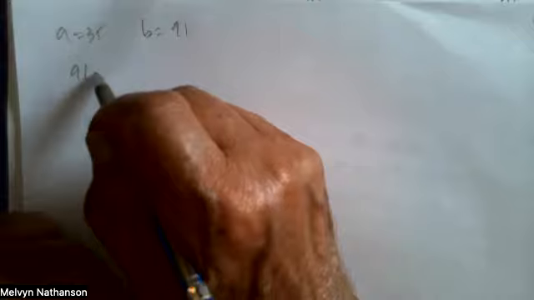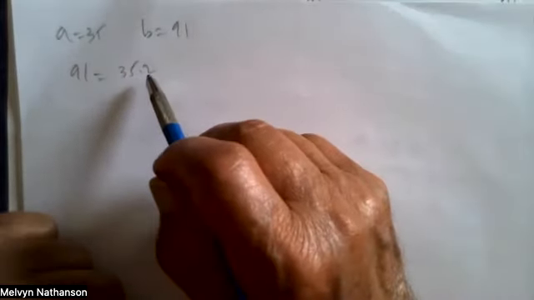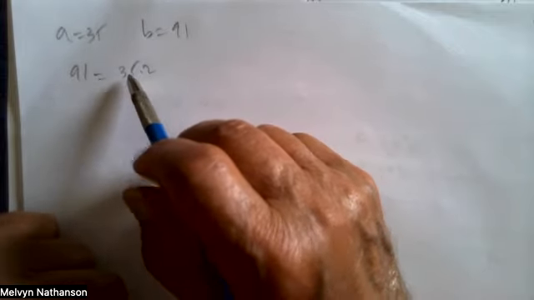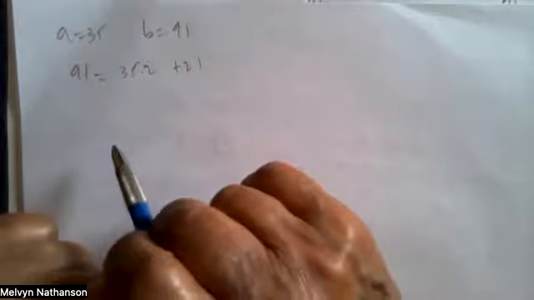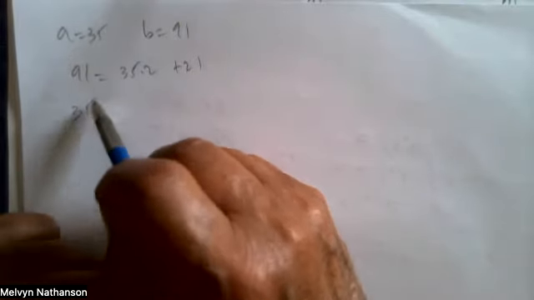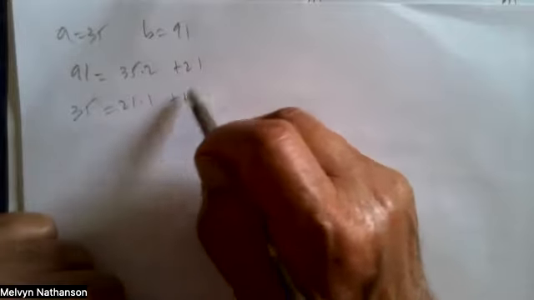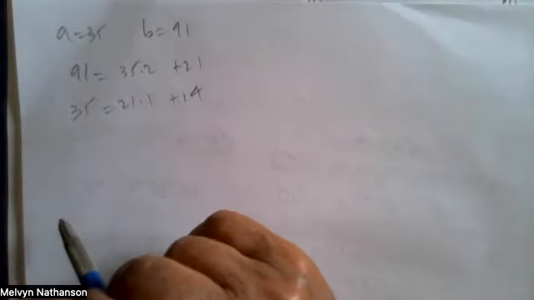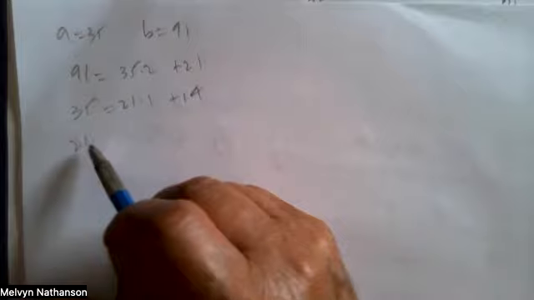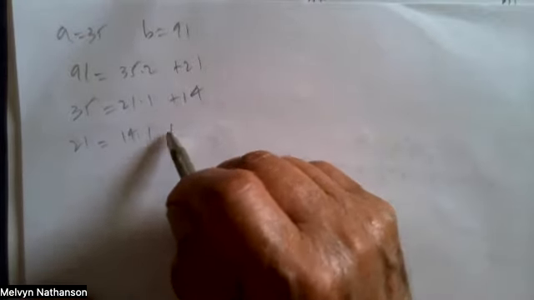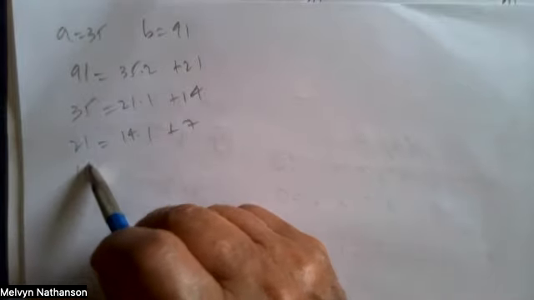So I take 91, I divide it by 35. I get a quotient of 2. 35 times 2 is 70, so remainder of 21. Take 35 divided by 21, that goes in one time, and leaves a remainder of 14. Take 21 divided by 14, that goes in one time, and leaves a remainder of 7.